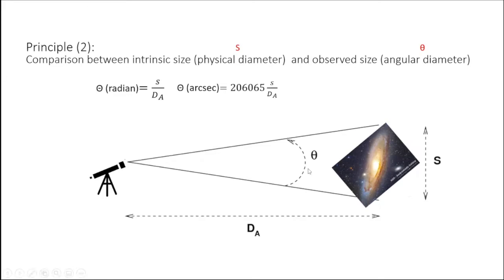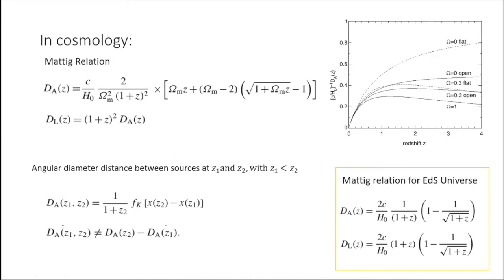So this is just a fraction of a whole circle. So this is the relation between this physical diameter and the distance between the object and the observer. Of course, the larger the distance is, the smaller theta. So those are the main principles that people use in distance estimation.